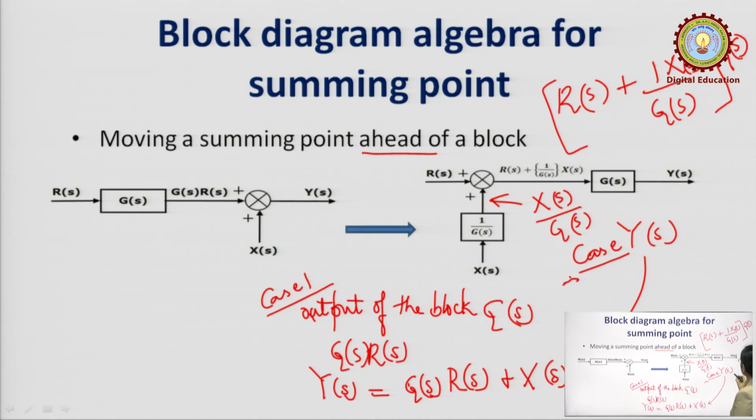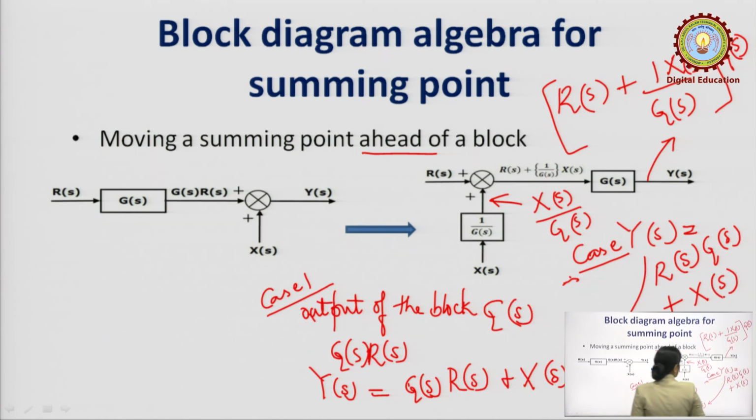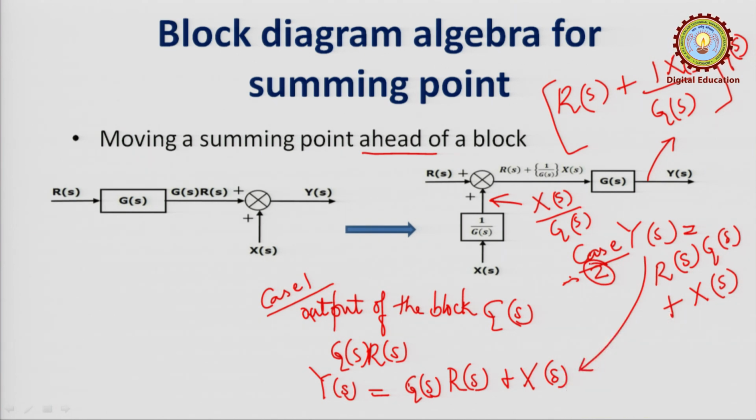So, what is the response now? Y of s is r of s multiplied by g of s plus x of s. We can see that in case 2, the y of s is the same as the output y of s for case 1.